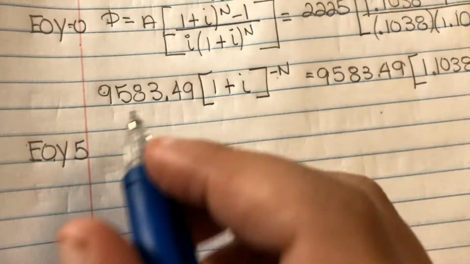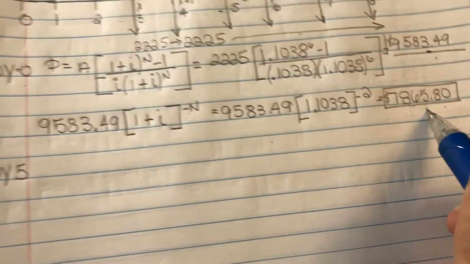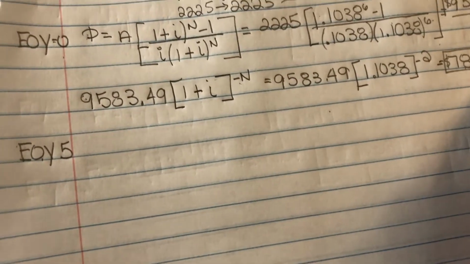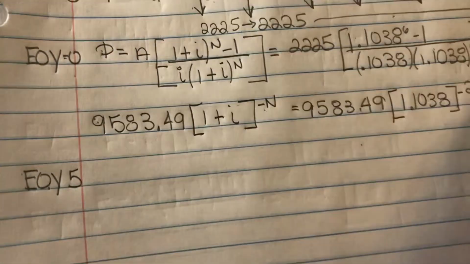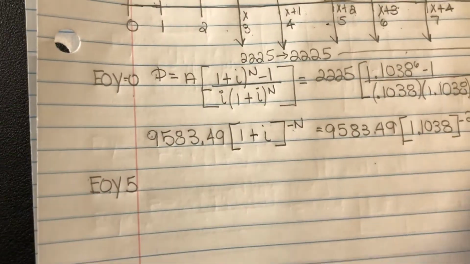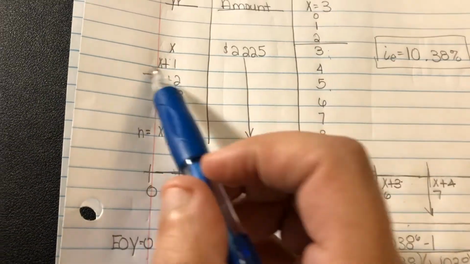And so we take this value right here, and then we're going to plug that in as our P, but it's actually P3 is what it's going to be.